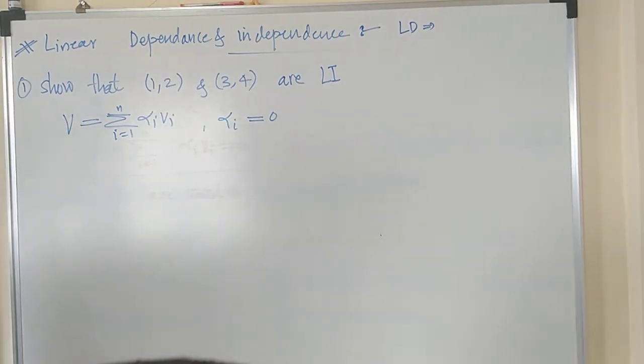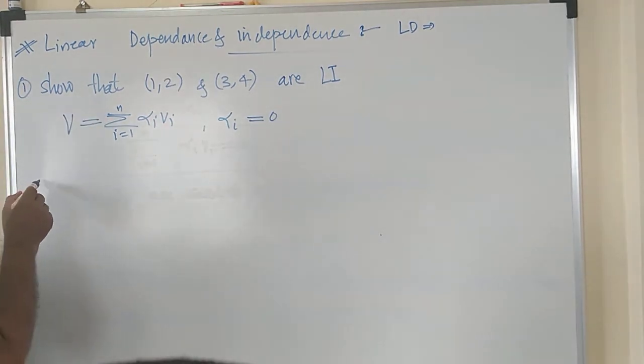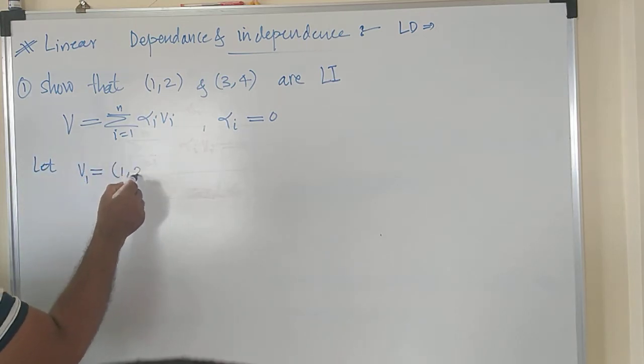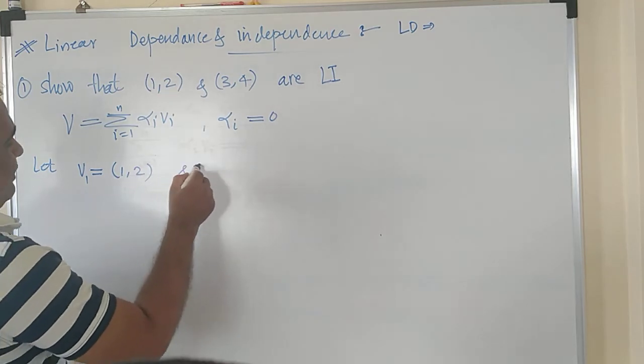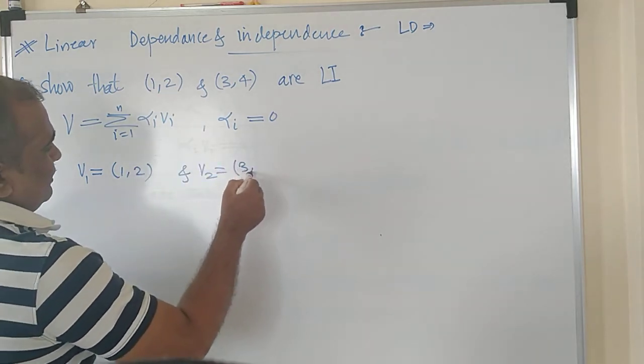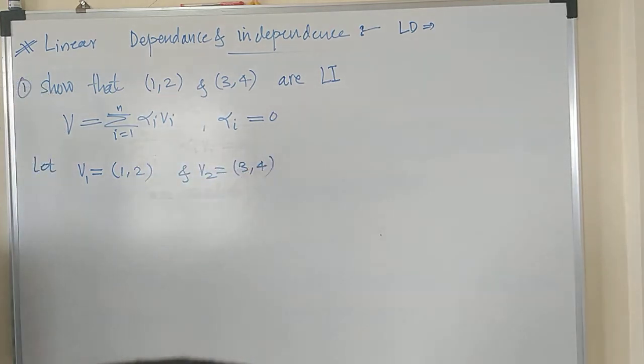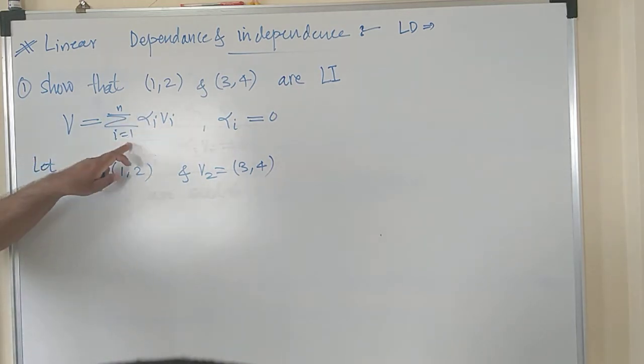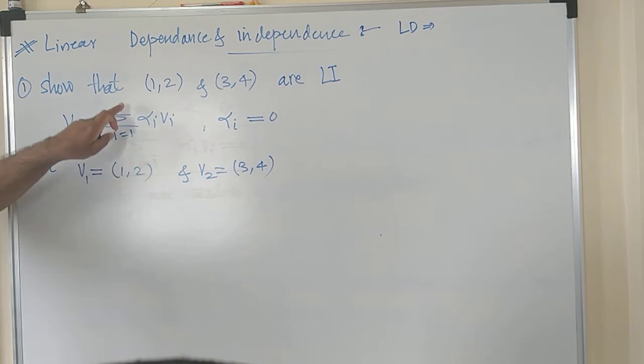So let us say the given vectors are, let V1 be the first given vector and V2 the second given vector. These are the two vectors. Then put them into the above condition. There are only two vectors, so i runs from 1 to 2 only.